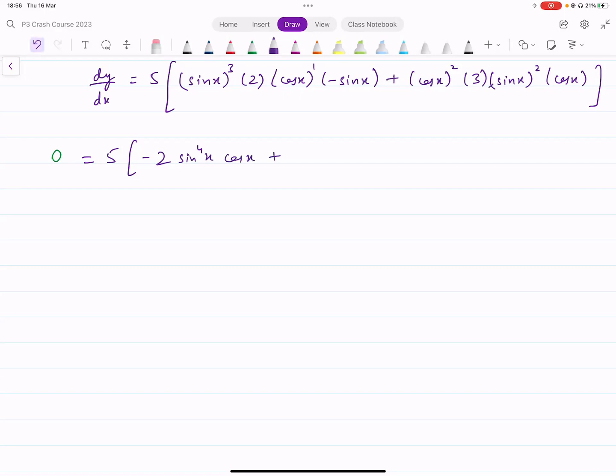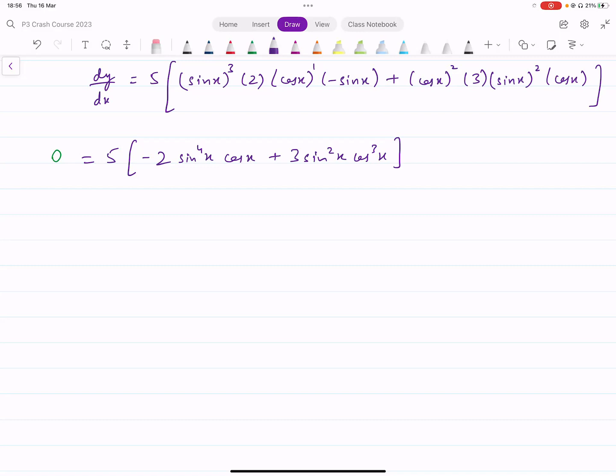plus, you have cos square x here and another cos x here. You have 3 here. So this becomes plus 3 into sine square x into cos cube x. That is what the derivative turns out to be.